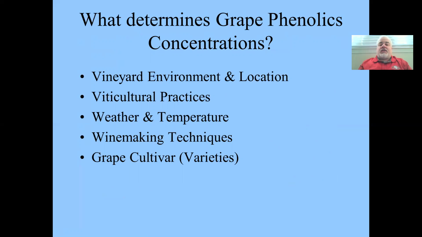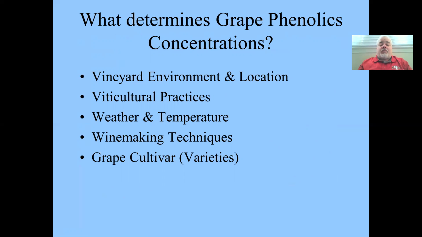What determines the concentration? Things you would expect: the vineyard environment and location. What is the appellation, and specifically within that appellation, where is the vineyard? What did the vineyard manager do? What were the viticultural practices, irrigation and fertilization practices, pest control, everything.